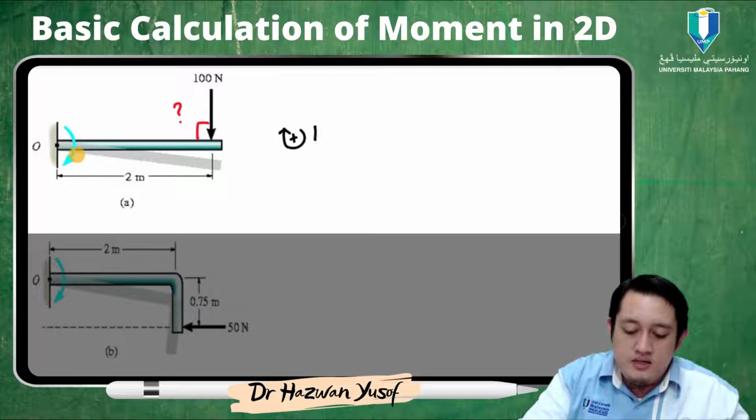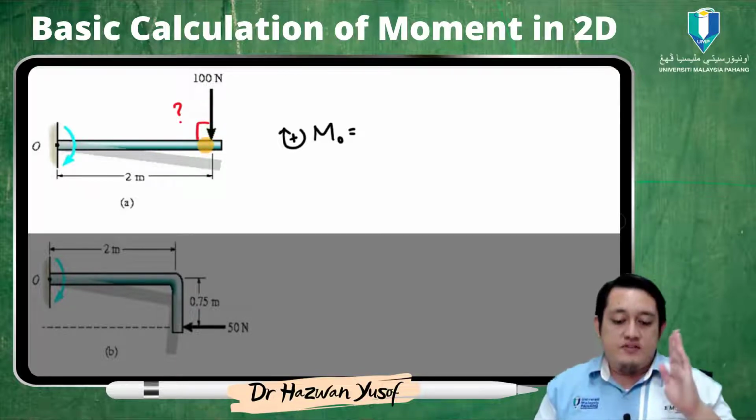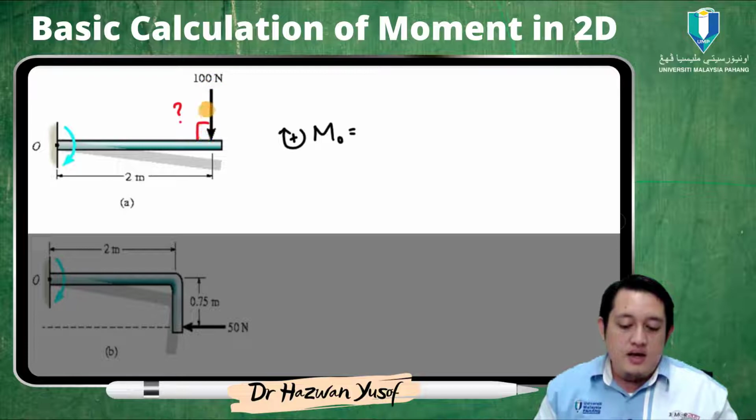And then the moment here is moment at point O. As you can see here, 100 Newton and 2 meter are already perpendicular to each other. What about the rotation? Is it clockwise rotation or not? How to determine it? As you can see here, 100 Newton is on the left side here, and when it goes down like this, it will rotate like this.